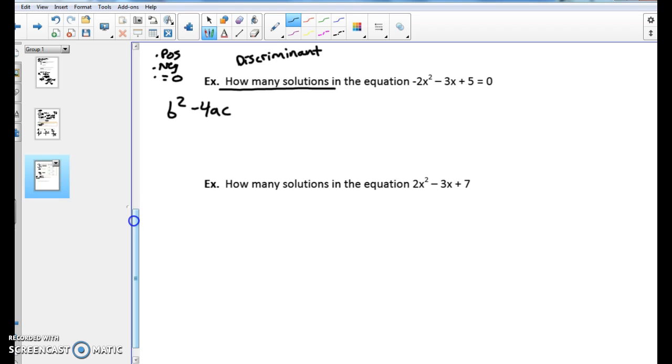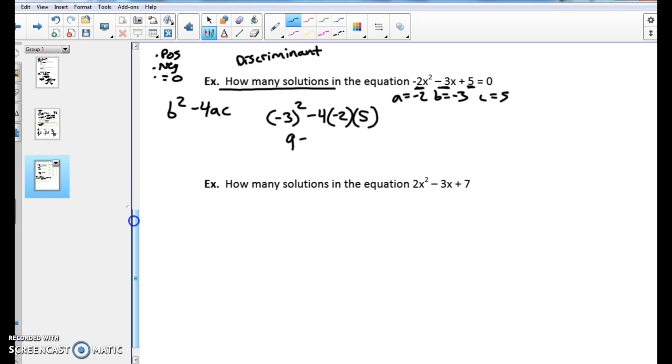So let's go ahead and identify. What's my a? That would be negative 2. My b value is negative 3. And my c value is 5. So let's plug that stuff into the discriminant, b squared minus 4ac. So that'll be negative 3 squared minus 4 times a times c. Negative 3 squared is 9, minus 4 times negative 2 is negative 8.